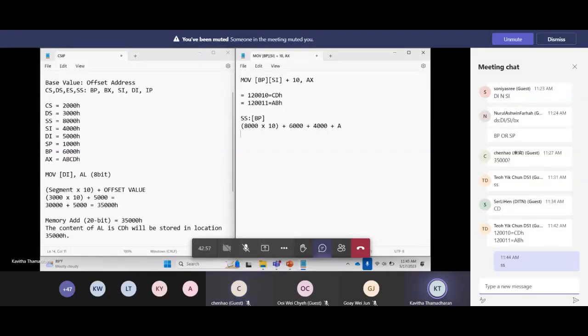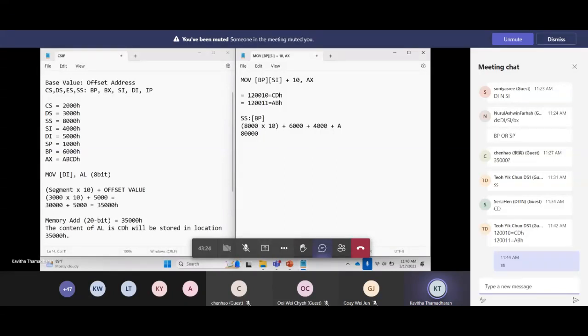When you calculate this, 80,000 plus 6,000, you get 86,000.